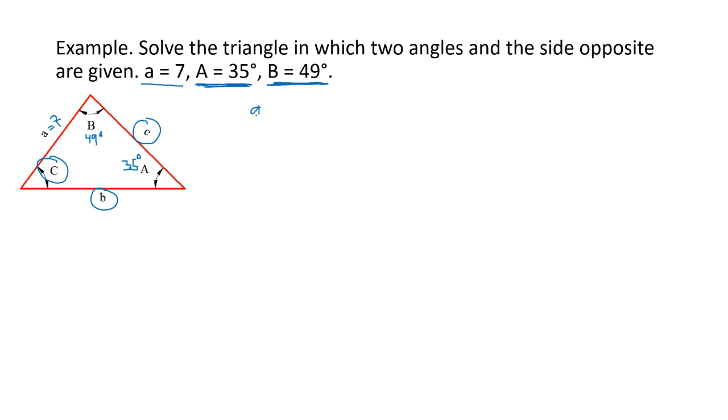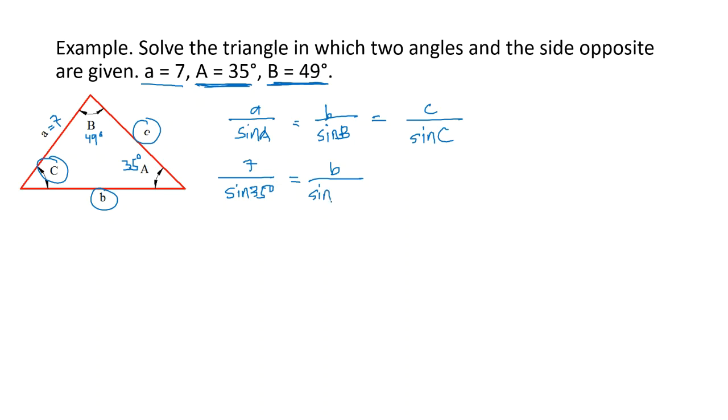If you can recall, A over sine A is equivalent to B over sine B is equivalent to C over sine C. So here, we have given A, which is 7, over sine of angle A, which is 35 degrees. We don't have a given value for side B, but we have sine 49 degrees.